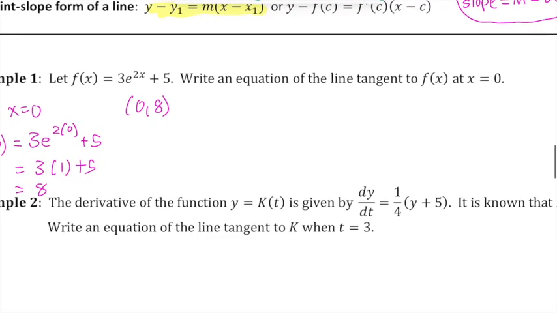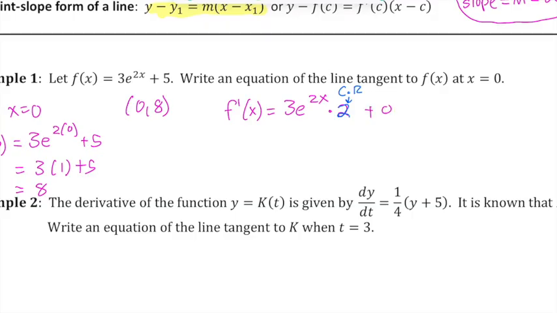The slope is found with the derivative, so we have to take the derivative of f. The 3 is a constant, so nothing happens. The derivative of e to the 2x is just e to the 2x, but by the chain rule we also have to take the derivative of 2x, which equals 2. Then the derivative of 5 is a constant, so that's plus 0.